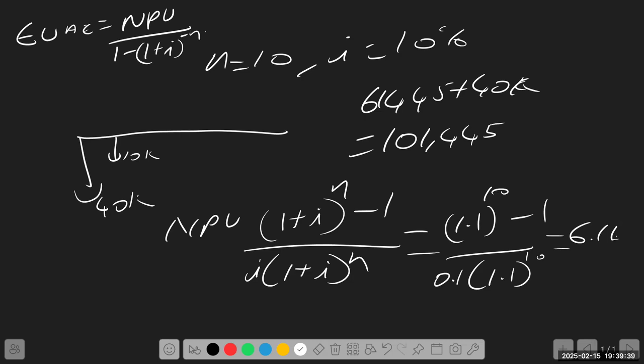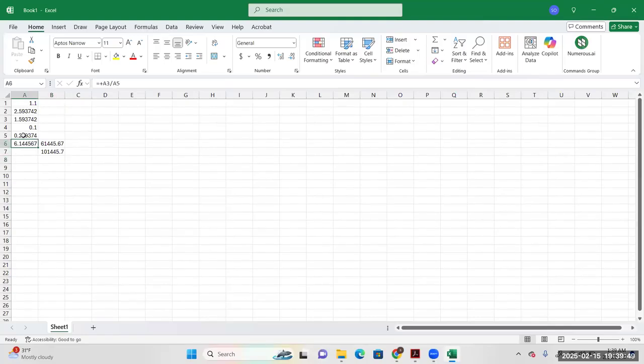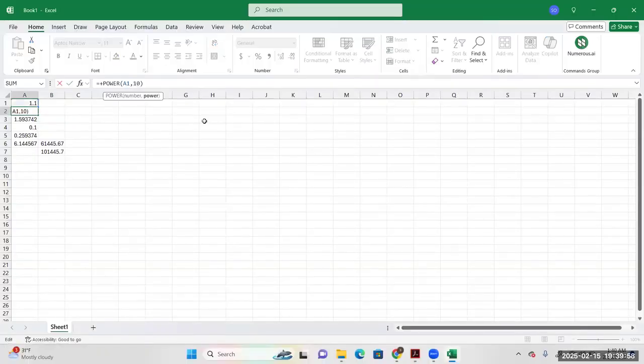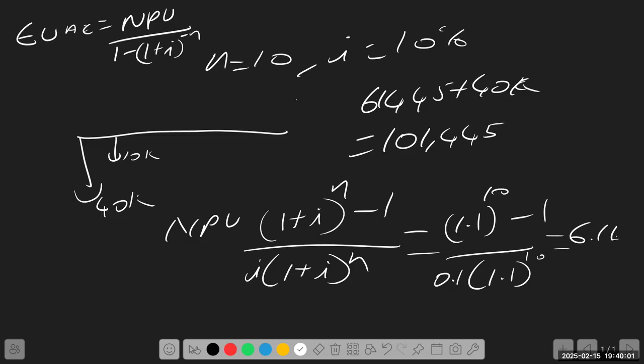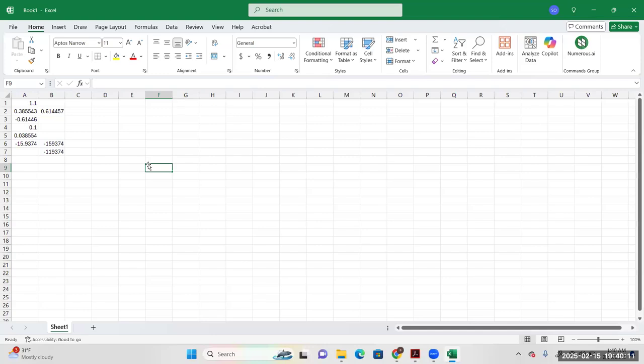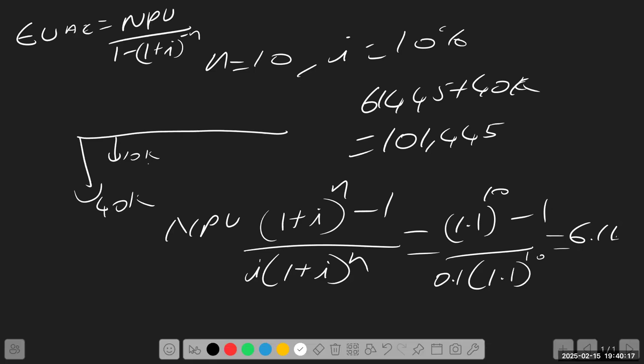So this formula we have to memorize. No, sorry.